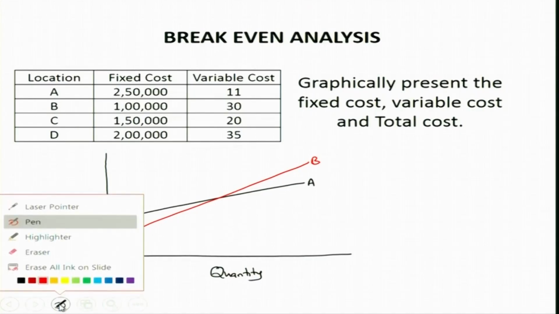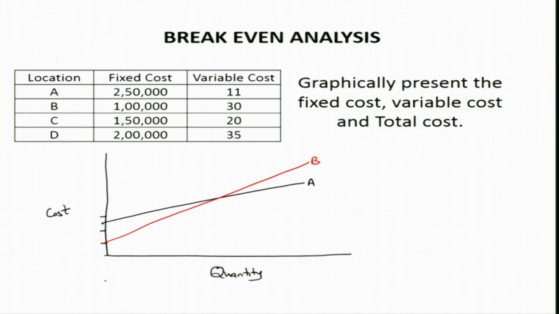Let us see the alternate C. Alternate C, the fixed cost is 1,50,000, somewhere in between, and variable cost is 20. So, the slope will be in between these two slopes. So, we can mark it like this, not very good. Let us do it again. Okay.